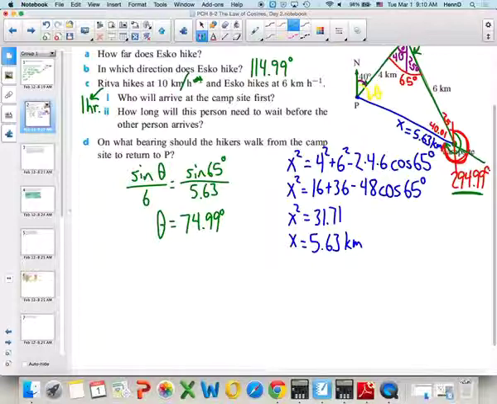Esko's going 5.63 kilometers at a rate of 6 kilometers per hour, so the time is distance divided by rate, right? So 56 minutes. If you convert it to a decimal part of an hour and multiply that by 60, you get about 56 minutes. So Esko got there first.